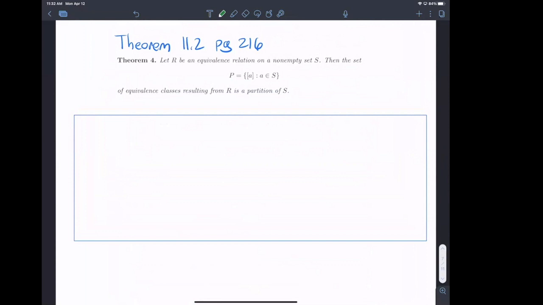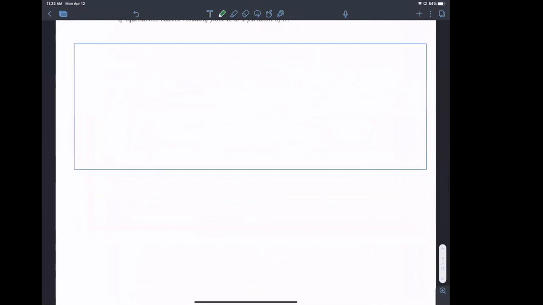What this is saying is the set of equivalence classes resulting from an equivalence relation gives us a partition on S. That's really saying any equivalence relation on a set leads to a partition on the set where each part is in a different equivalence class.